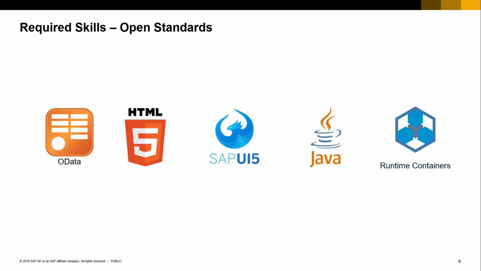The application frontend that will most commonly consume these OData services will be written in HTML5, specifically the SAP UI5 framework. SAP UI5 is a front-end framework that is based on HTML5, JavaScript, and CSS. These front-end development languages differ significantly from ABAP, SQL, and other back-end application and data layer technologies.